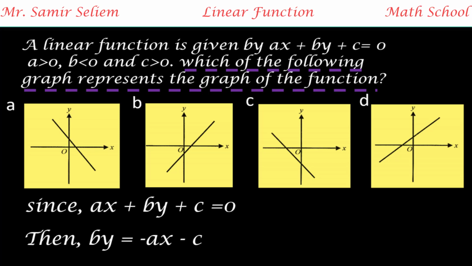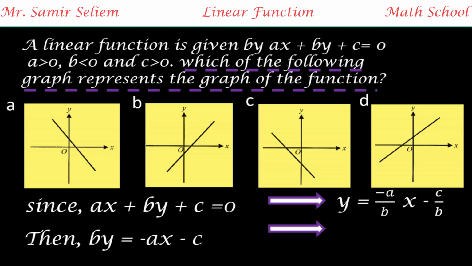Now we can divide by b, the coefficient of y. We get y equals negative a over b x minus c over b. We can deduce the slope.